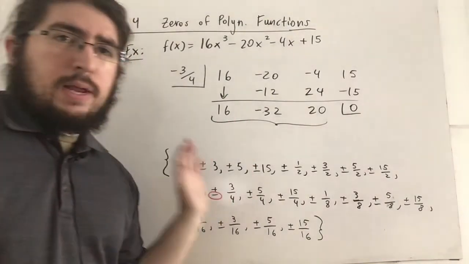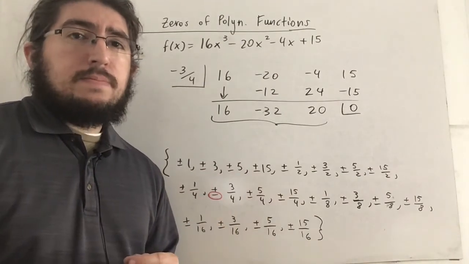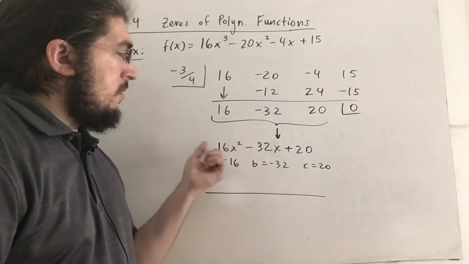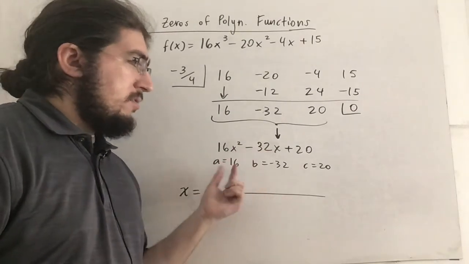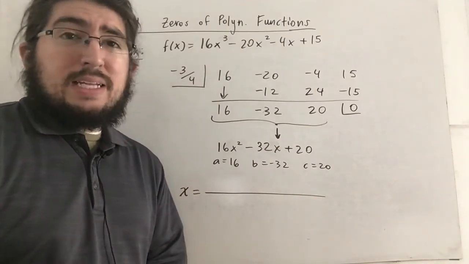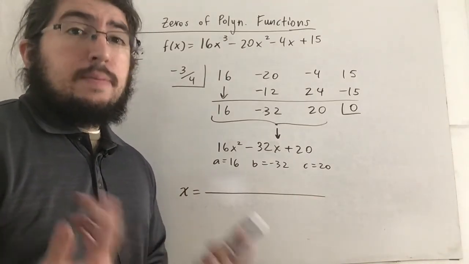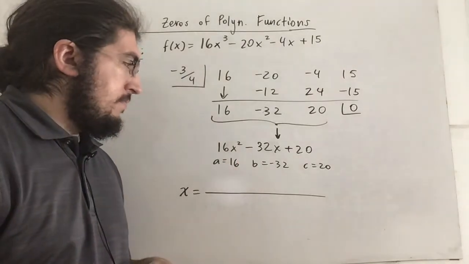So let me erase this, convert this to a polynomial, and apply the quadratic formula, and we'll see what we get. Right, here it is. So this is the polynomial, 16x squared minus 32x plus 20. These are the a, b, and c values, 16, negative 32, and positive 20. Also, I kind of misspoke earlier when I said they'll be irrational. They may be non-real. I'm not quite sure yet. I haven't tried it yet.